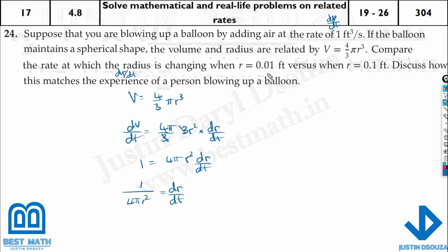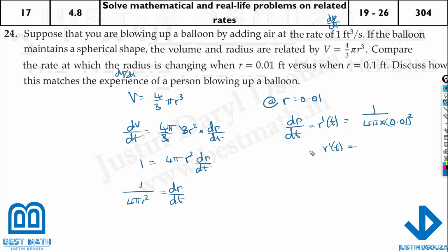Now then, what is the radius given? First case, at r is equal to 0.01, what happens is dr, the rate of change of radius with respect to time, that is also given as r prime with respect to time, can be written as 1 by 4 pi r square. I'll write it as 0.01 the whole square.